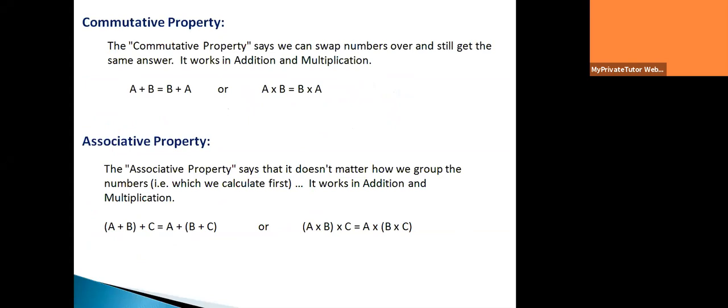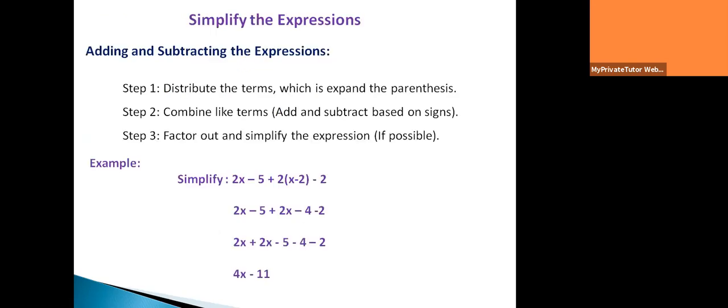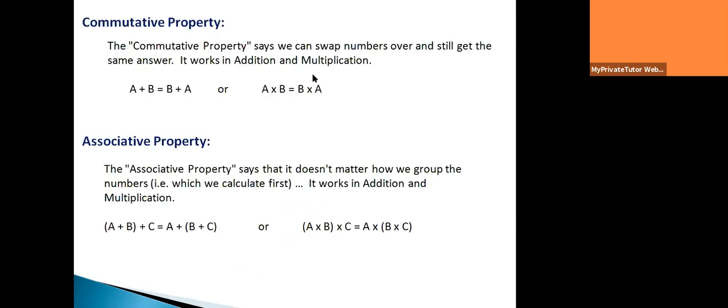The associative property, it doesn't matter how we group the numbers, which numbers we calculate first. Again, it works for addition and multiplication. Hope you guys are able to follow me so far. So these are the basics, rather I can say an introduction to algebra.